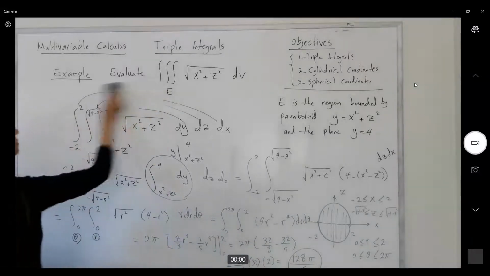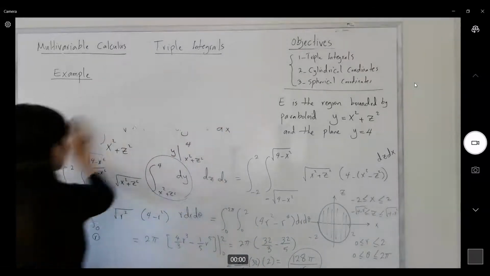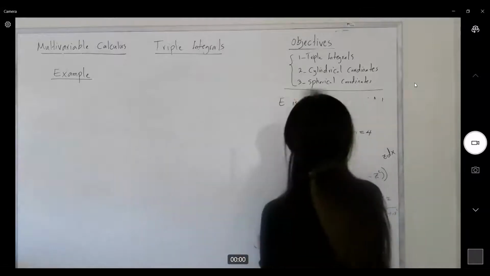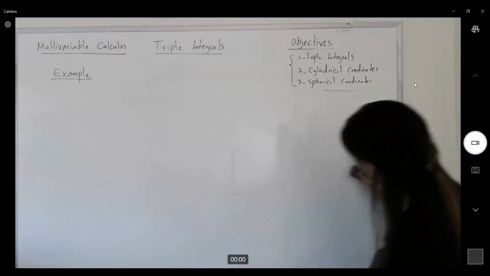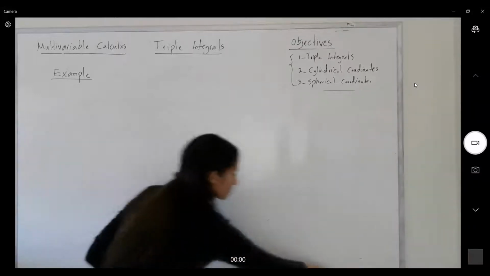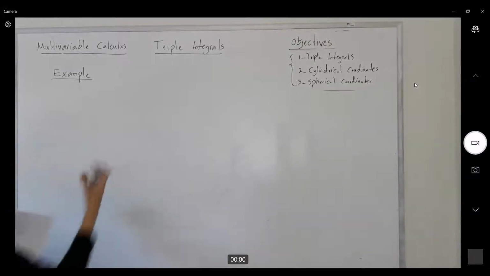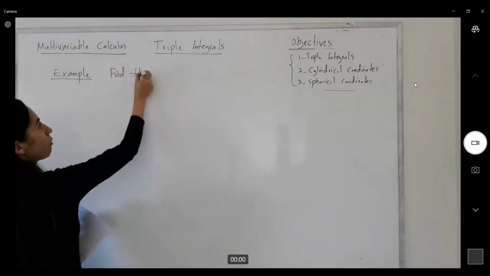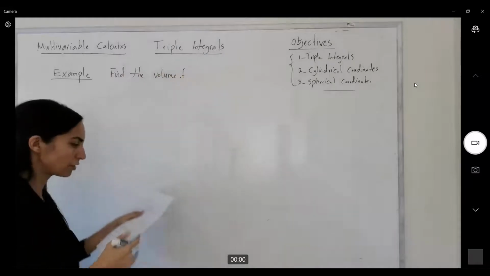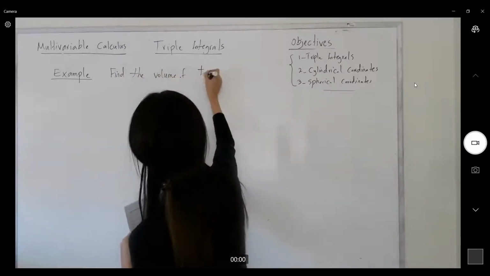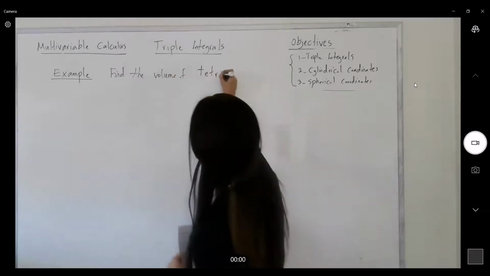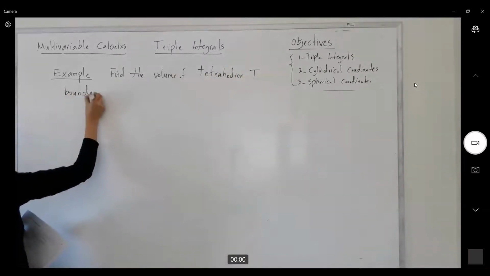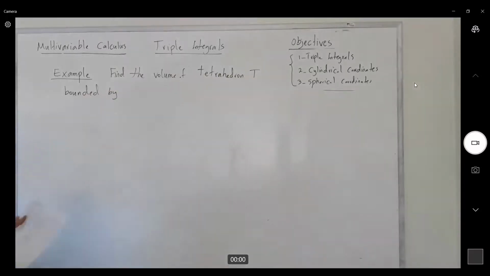Another example for you. So this example says, use a triple integral to find the volume of tetrahedron T bounded by the planes.